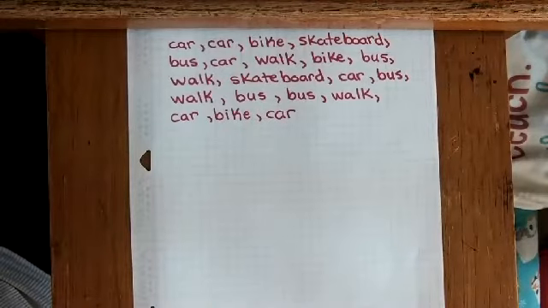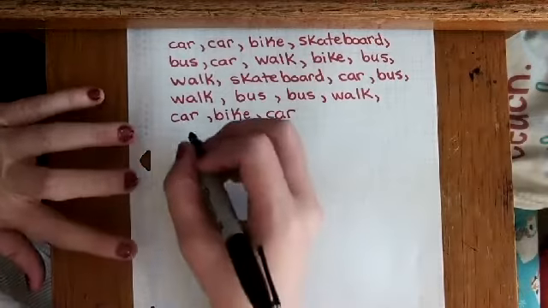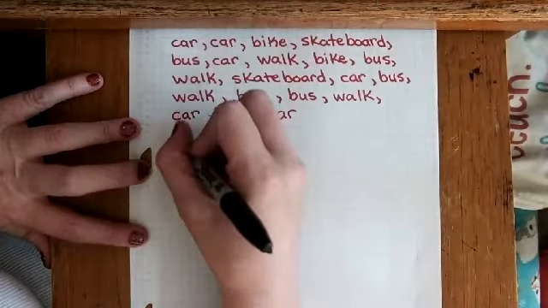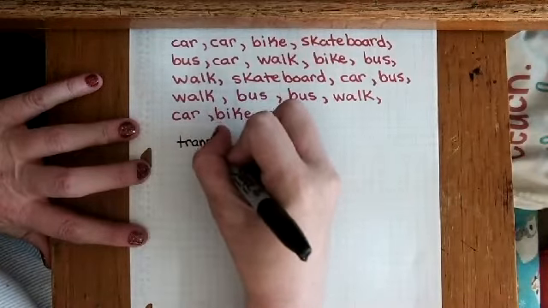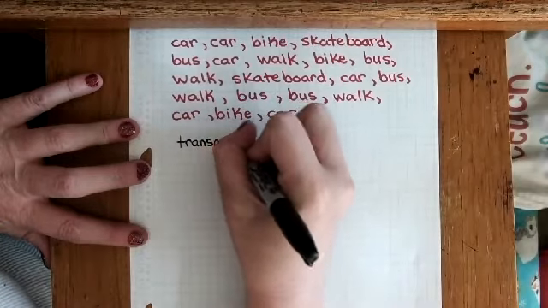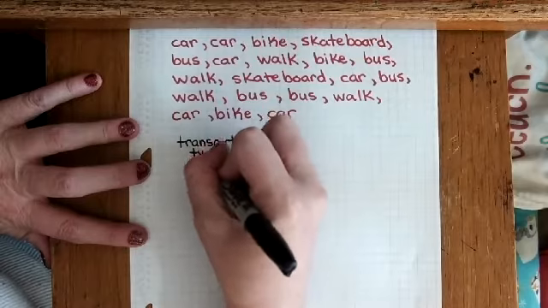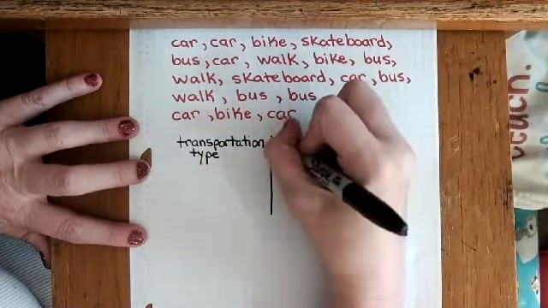Let's make a frequency table, a relative frequency table, and a bar graph for this data. A frequency table might have a label like type of transportation, and frequency.